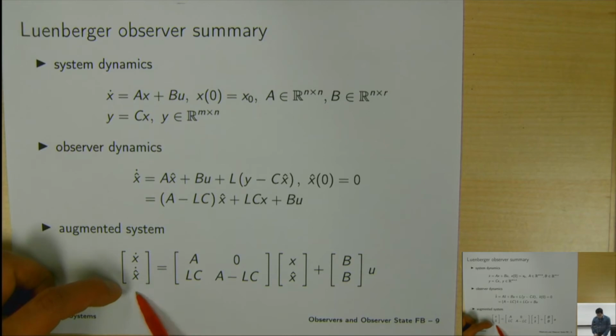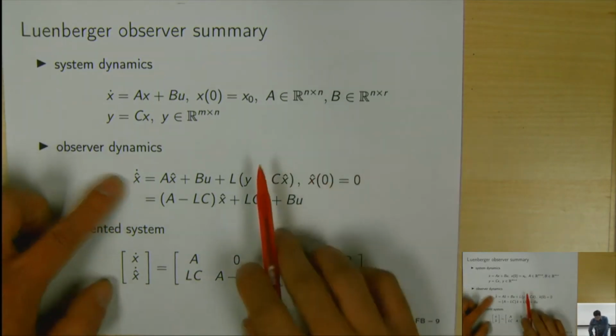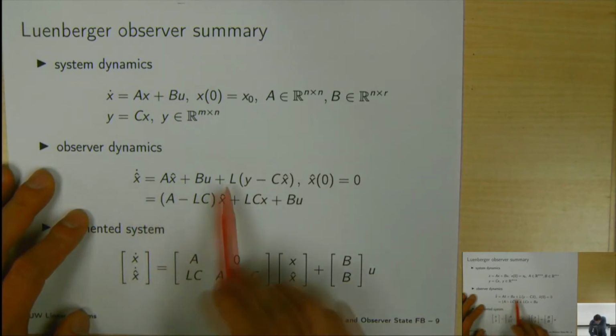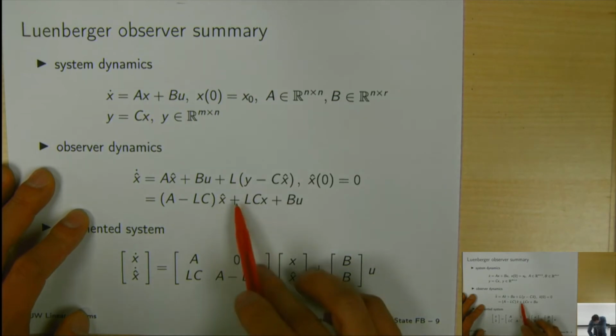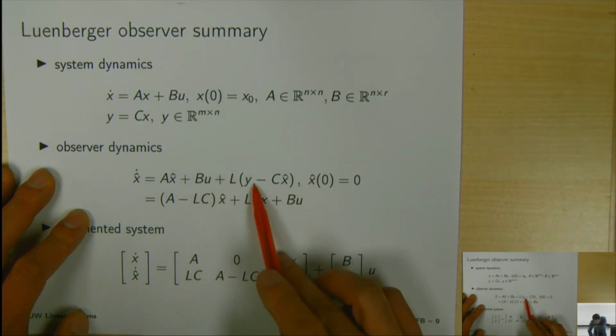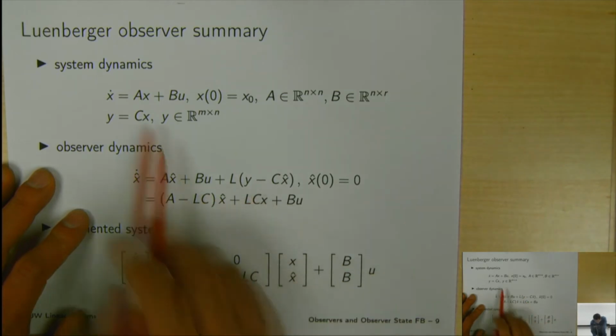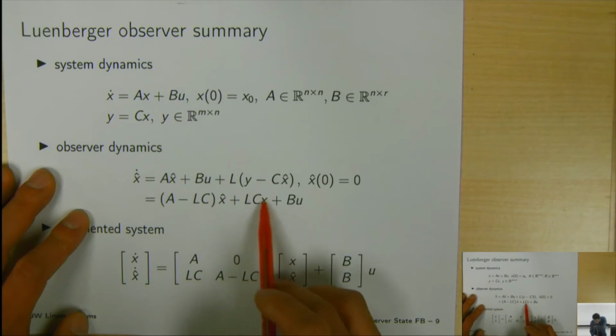And then the second part, x hat dot, is A minus LC times x hat plus Bu over here, and then plus L times y. And y is given by the system dynamics, so it should be equal to L times C x.